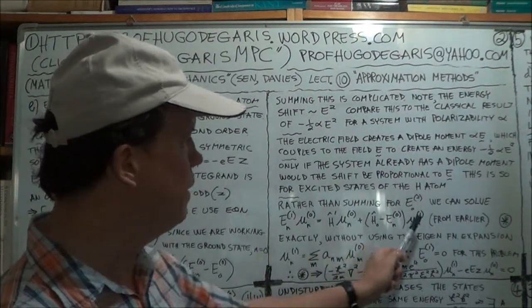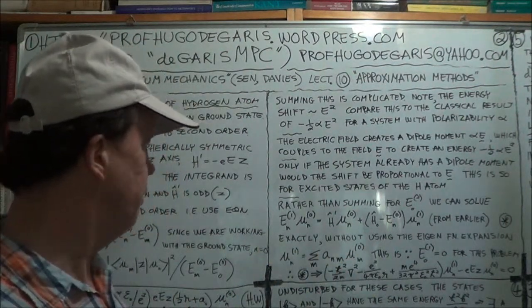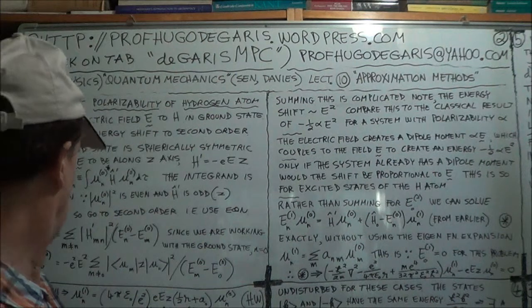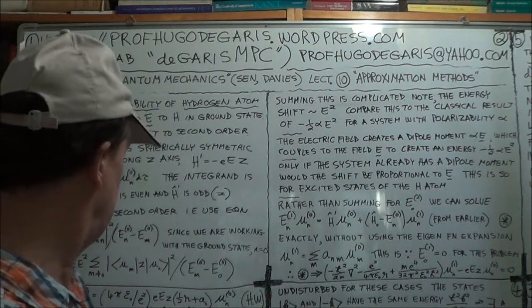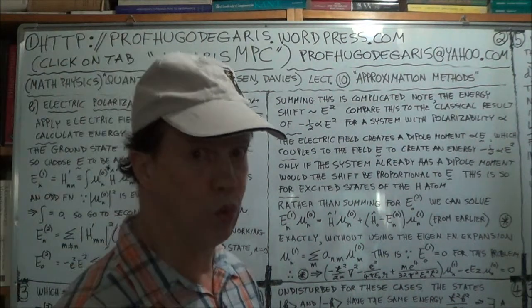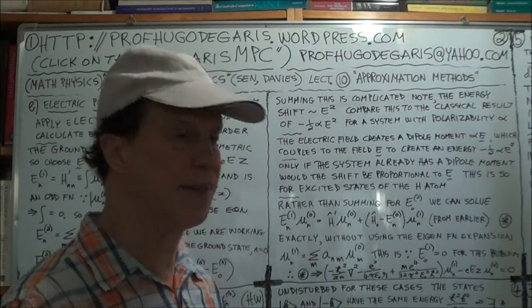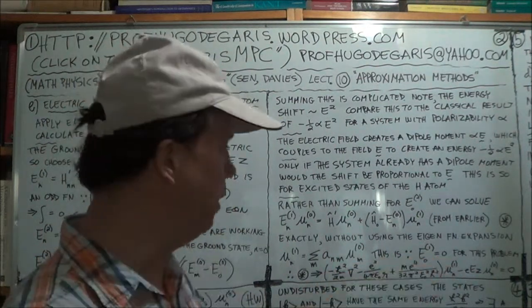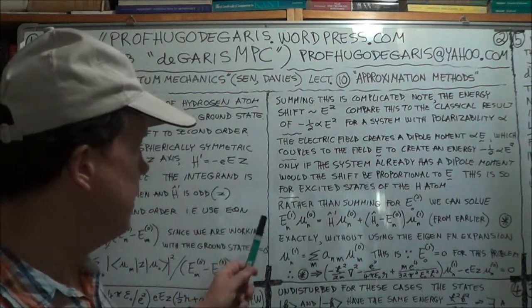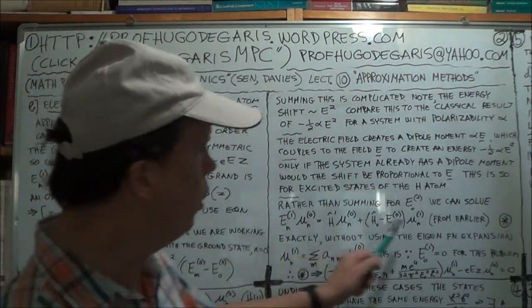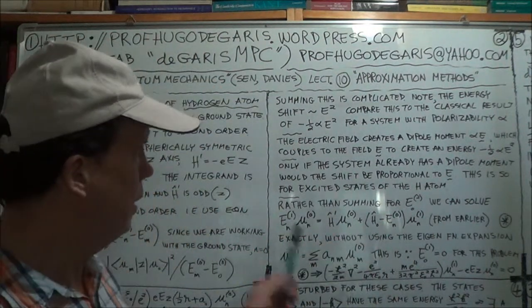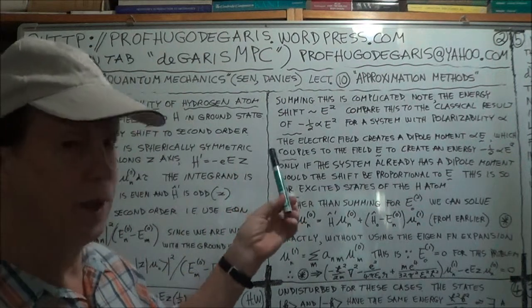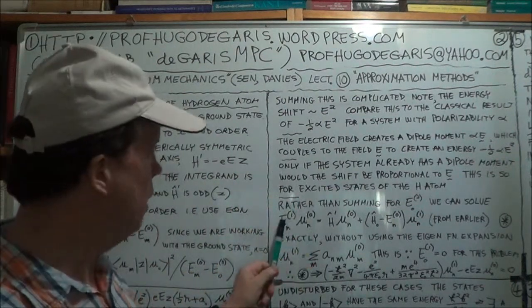So we can actually use this to solve for E2 with an intermediate step, and that'll become clear in a minute. Okay, so we're going to use this, right? Now, in this particular case, excited state of the hydrogen atom, E1 is 0.